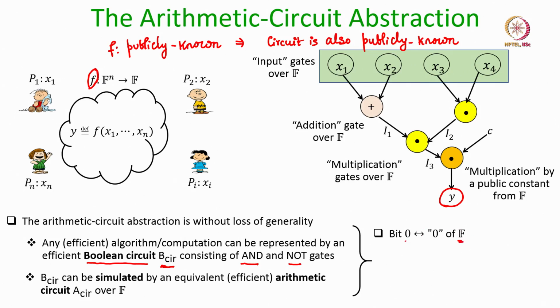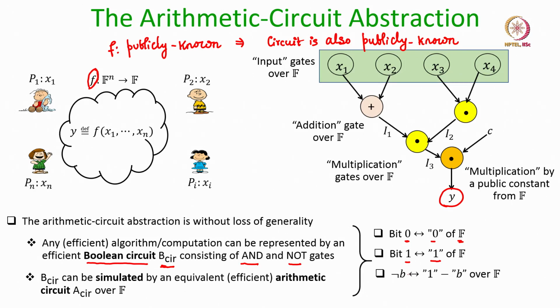So, the bit 0 in the Boolean circuit can be mapped to the additive identity 0 of the field. In the same way, the field will have a multiplicative identity element 1. So, the bit 1 in the Boolean circuit can be mapped to the identity element 1 of the field.